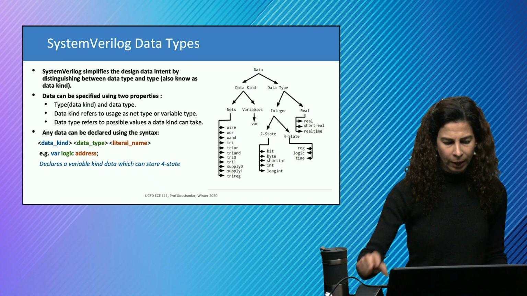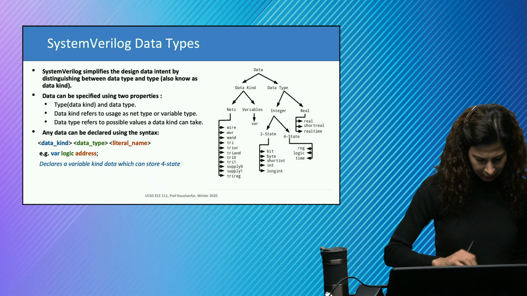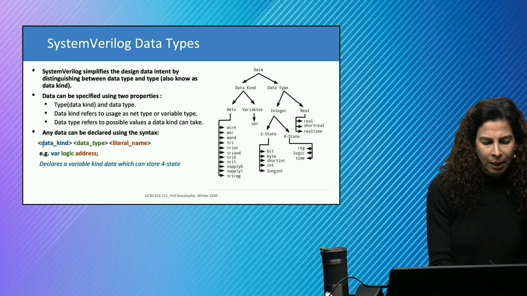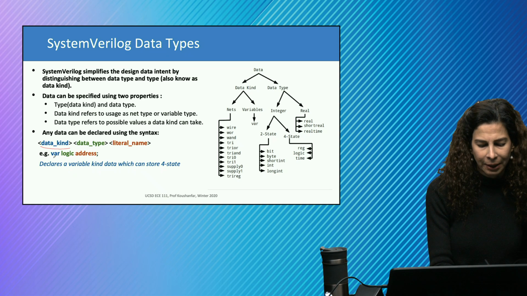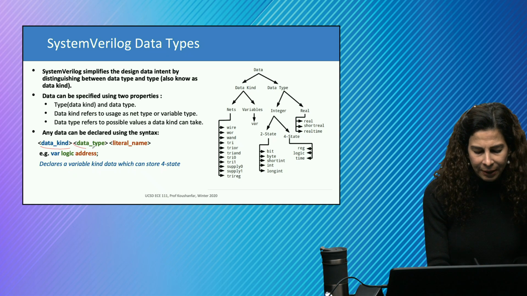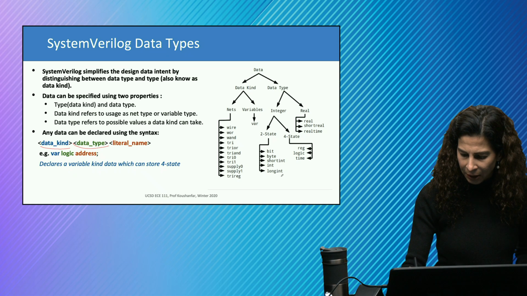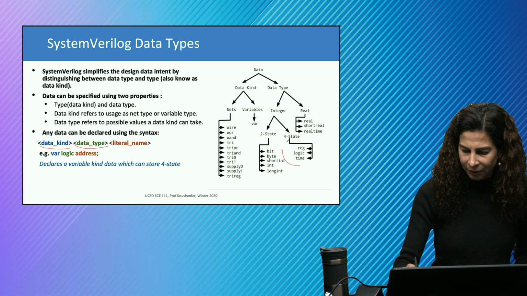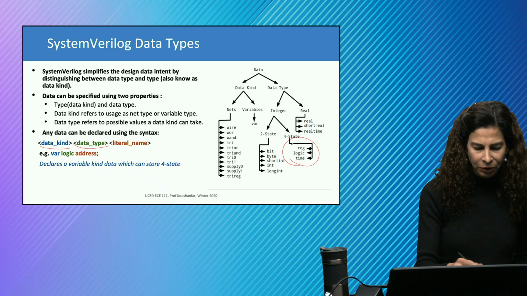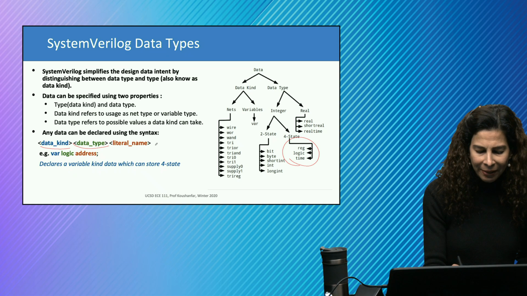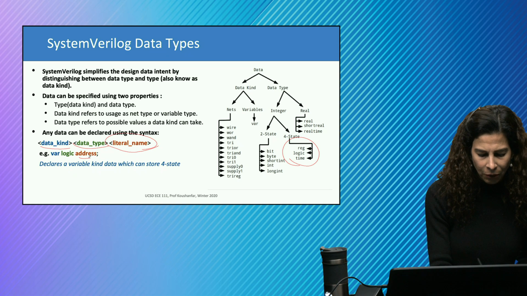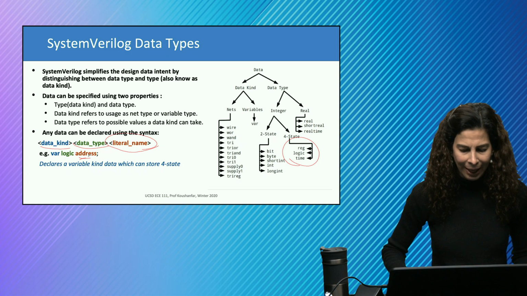In short, any data can be declared using the syntax, the kind, like a variable or a wire or a net, and the data type, which we've seen here, like, is it logic, is it a register, is it integer, and the literal name. In this case, we are talking about this as an address.